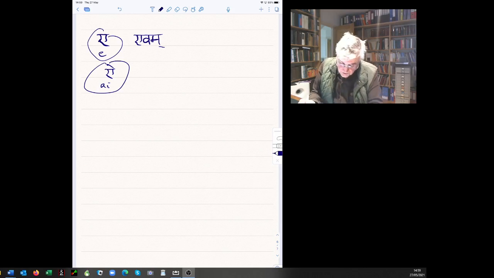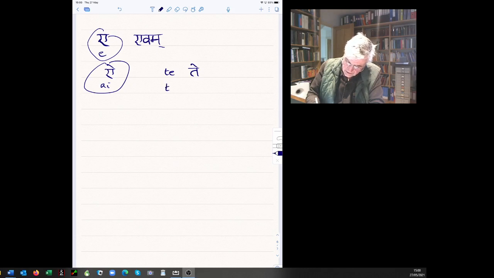When they follow a consonant, they're written in abbreviated form. So te is written like this. There's our by now I hope very familiar ta, and it has this sign on top. This makes te. If you want to write tai, it's written in a similar way, but with a double hooked stroke on top. See, tai.